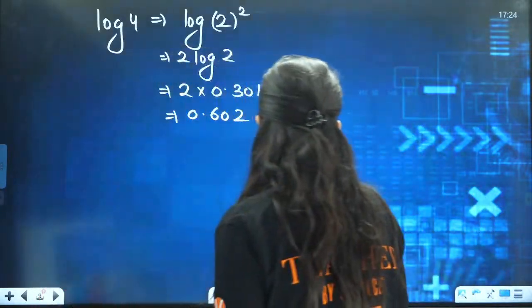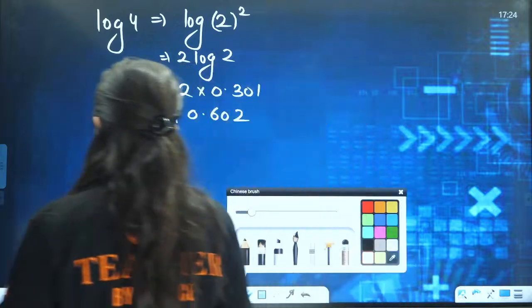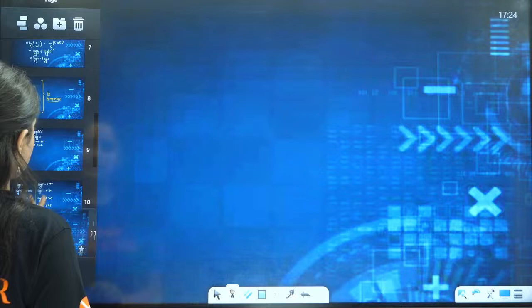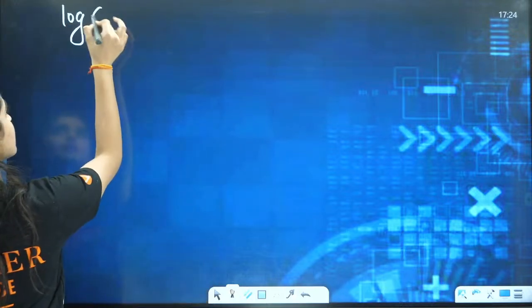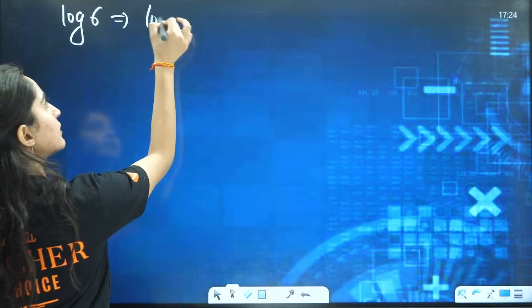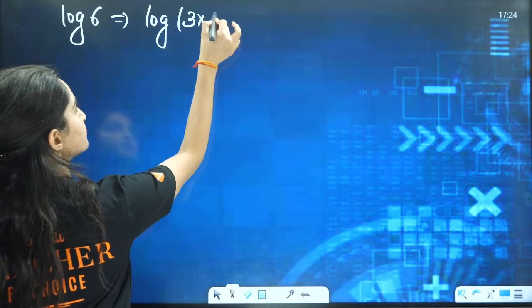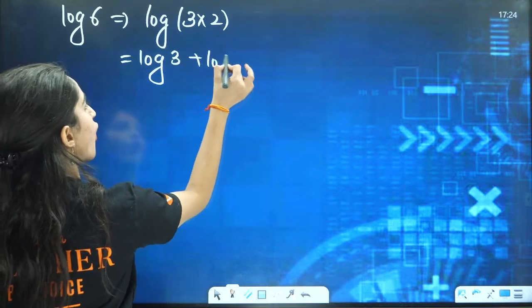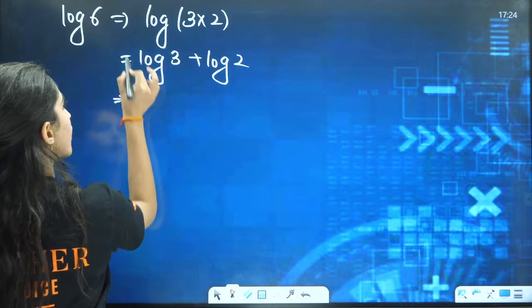Now, let us see how to calculate the value of log 6, right? So, we will solve it for log 6. What is log 6? 6 is nothing but 3 into 2, right? So, that will be log 3 plus log 2. What is log 3?